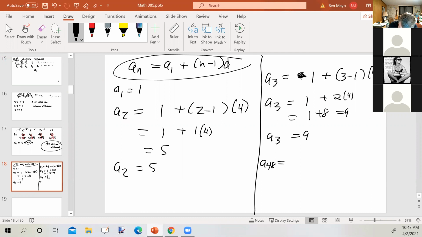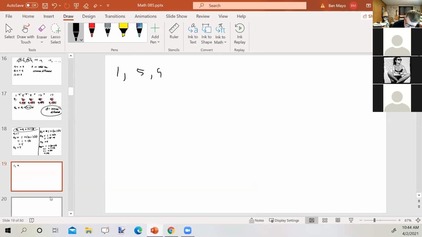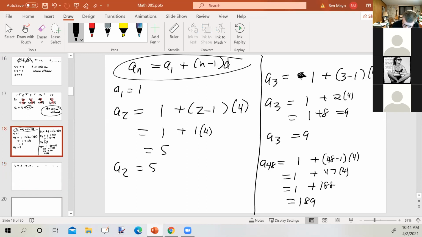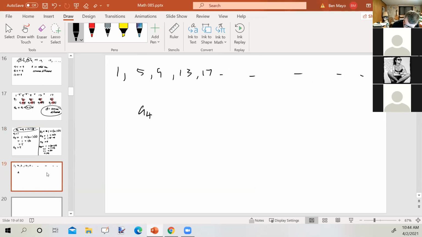A sub 48 would be a sub 1, which is 1, plus n minus 1, 48 minus 1 times 4, which is 1 plus 47 times 4, which is 1 plus 188, which is 189. So if I started out, went 1, 5, 9, 13, 17, on and on and on, the 48th term would be 189.